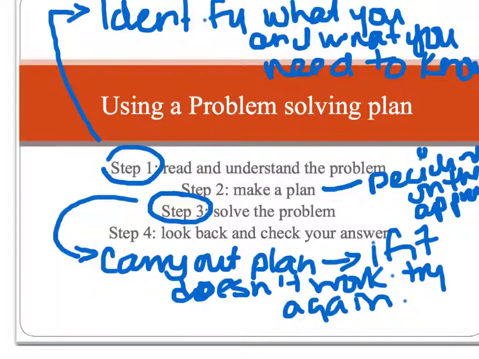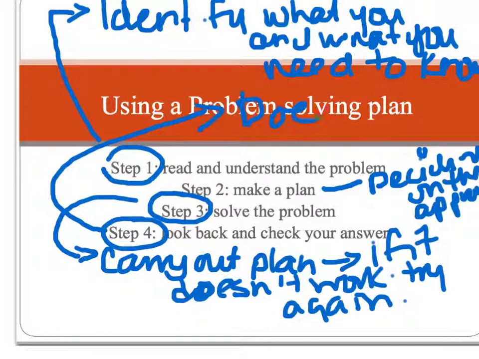And then we have step four, which is pretty much look back and check your answer. This is an important one because you want to look back and ask, does my answer make sense? For example, let's say I want to buy a bike and it costs $500.